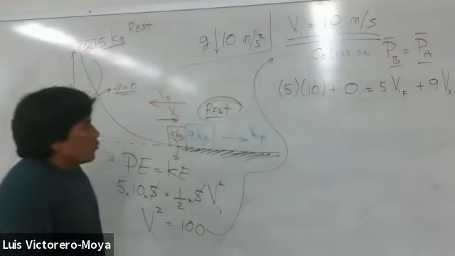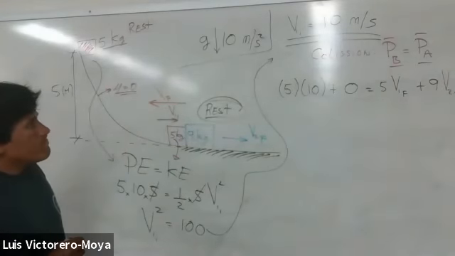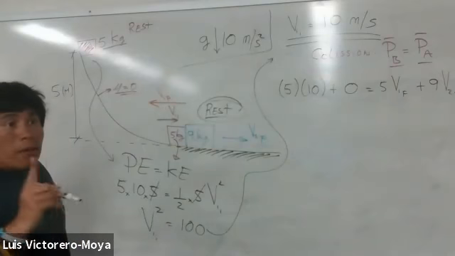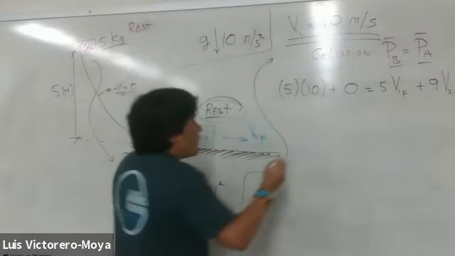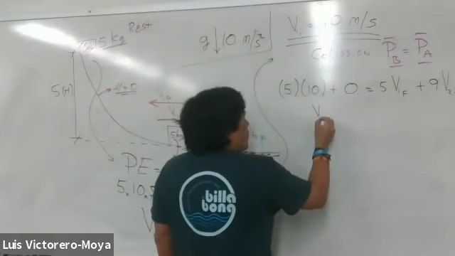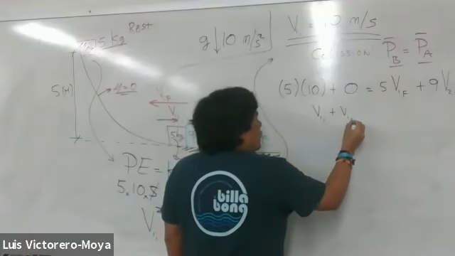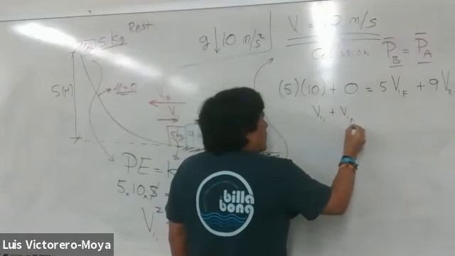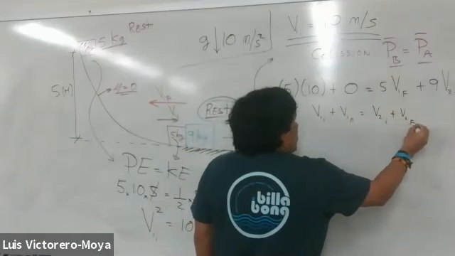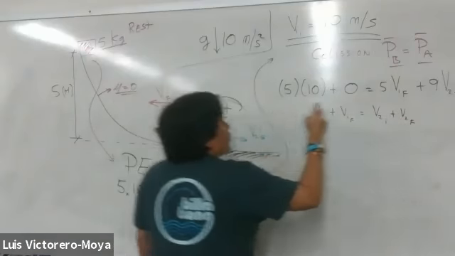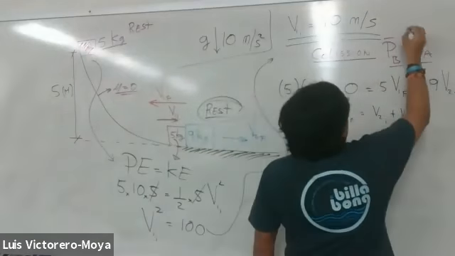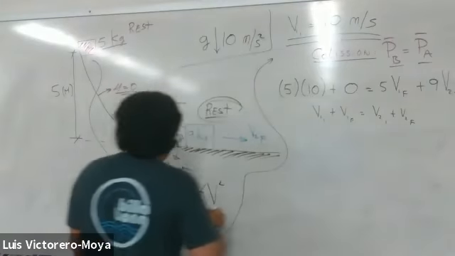Now, we have two variables. But we also know this, right? V1 initial plus V1 final is equal to V2 initial plus V2 final. Yes, in the problem it says to assume this is an elastic collision, okay?